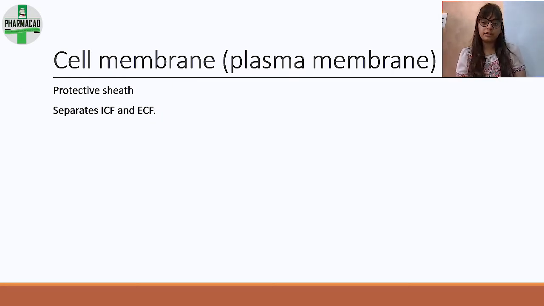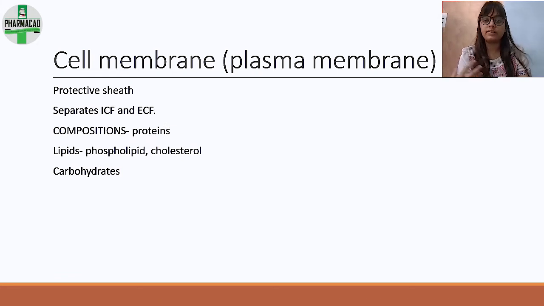To understand it better, I always give this example: if you fill water in a Bisleri bottle and then throw that bottle into the ocean, whatever water is inside the Bisleri is going to be intracellular, and whatever water is in the ocean is going to be extracellular. Correct?